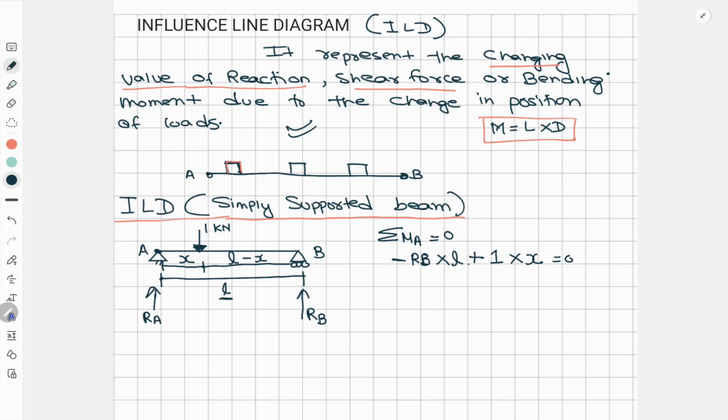That is equal to 0. Now simplify it, then we'll get the value RB is equal to x by L, right? So we have a value of RB now.